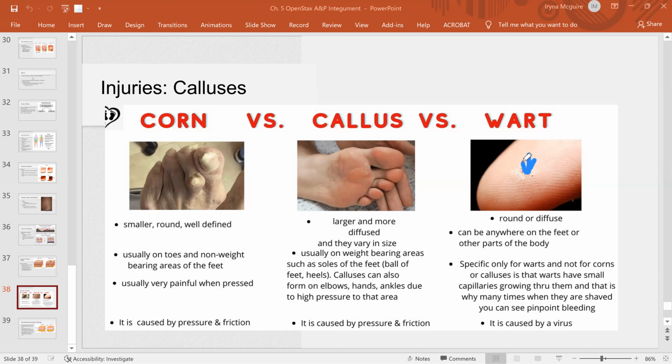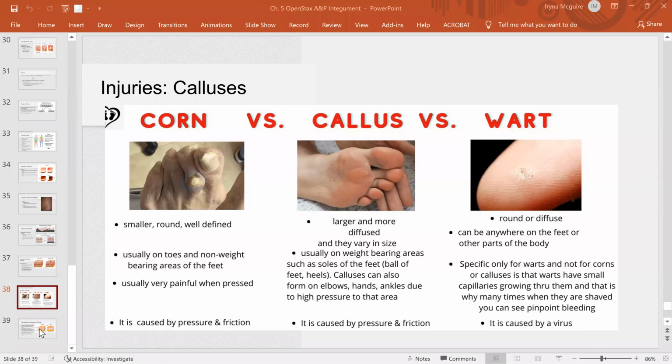Only warts will have those small capillaries that will give you bleeding, but warts are very different from calluses and corns because they are caused by viruses. This is caused by pressure and overproduction of keratin, right? Both of them.